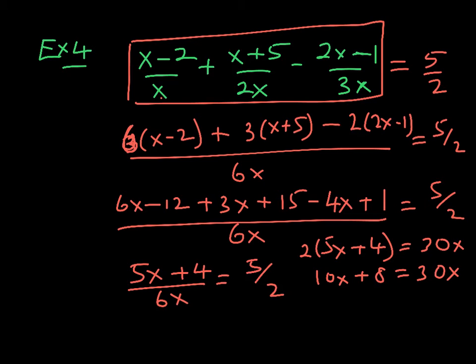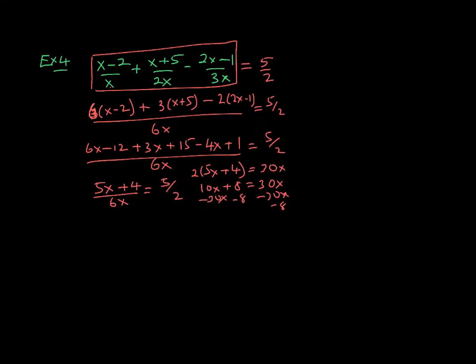Now we want to bring 30x to this side of the equation and bring plus 8 to the other side. So we're going to subtract 30x here, and we're also going to subtract 30x here. Then we're going to subtract 8 and also subtract 8 from that side. Let's create some more space so that it doesn't look clumsy.